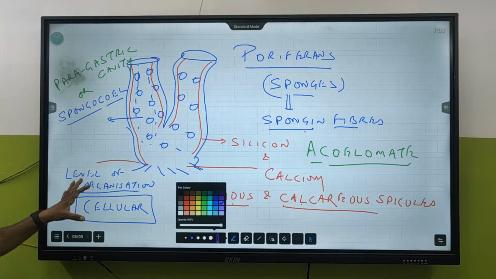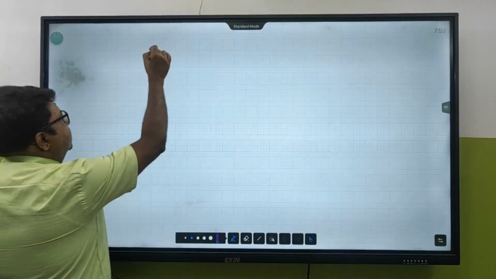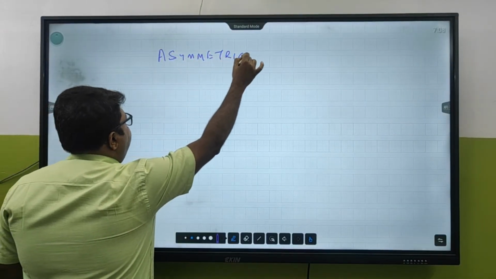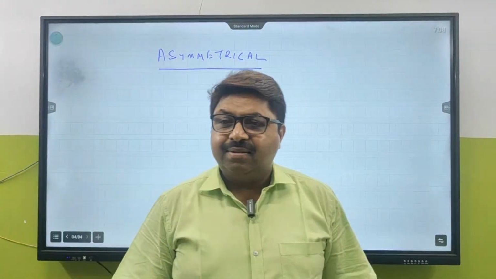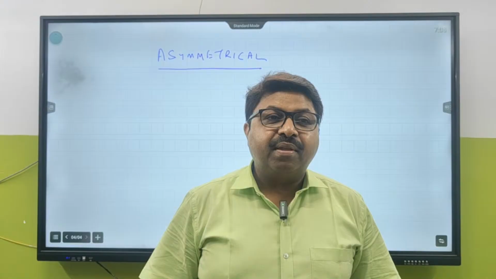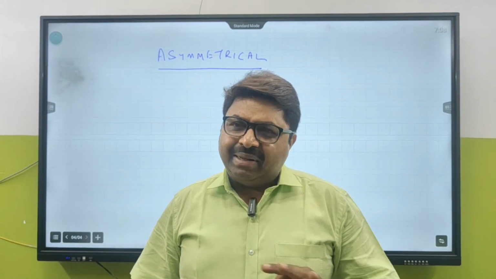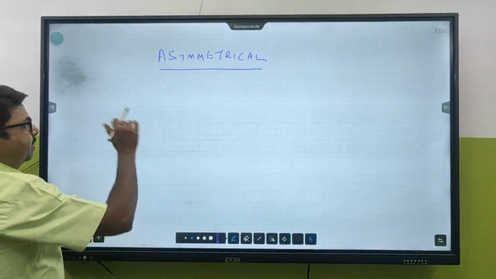Is this clear? Now, what kind of symmetry do they show? They are asymmetrical. You cannot divide their body into 2 equal halves in any plane. But some of them can show bilateral or radial symmetry.